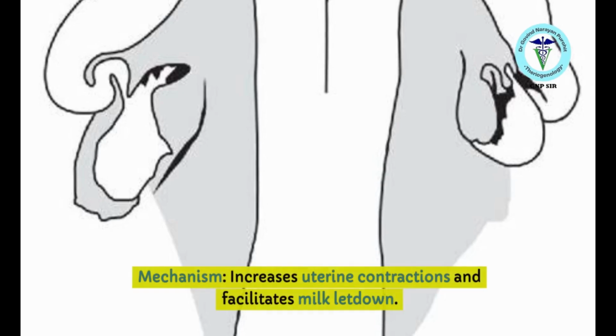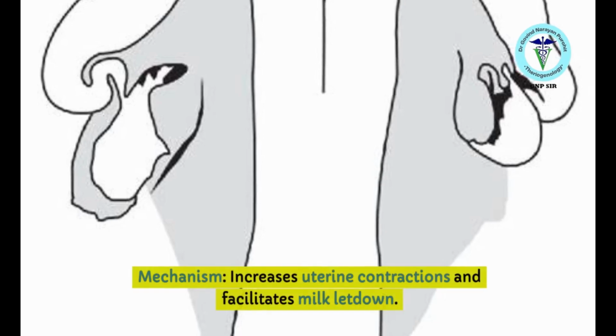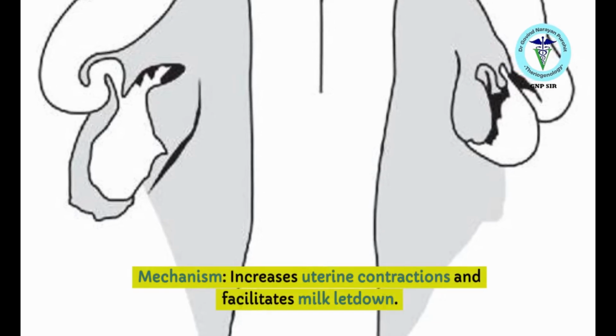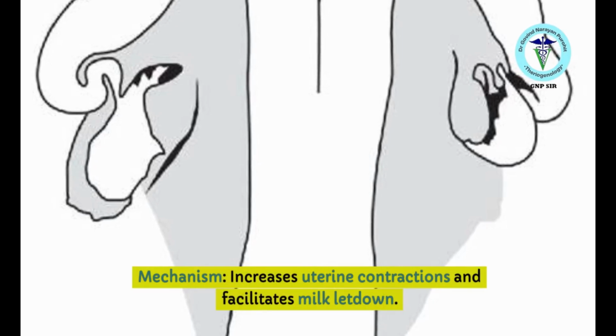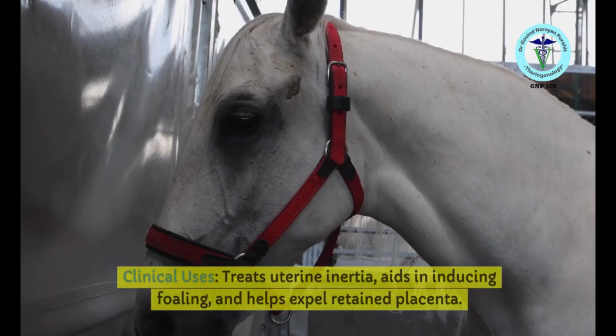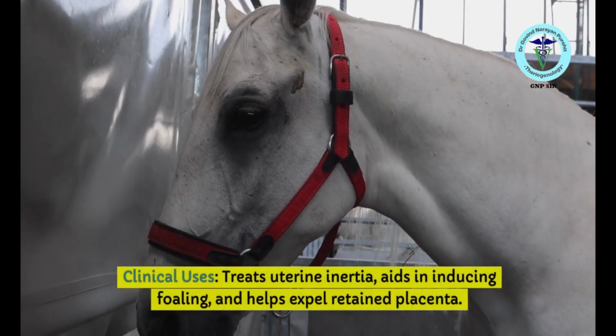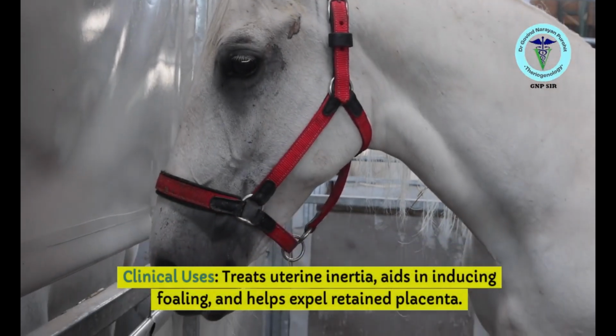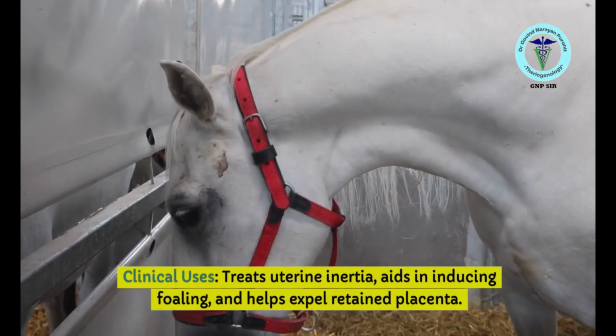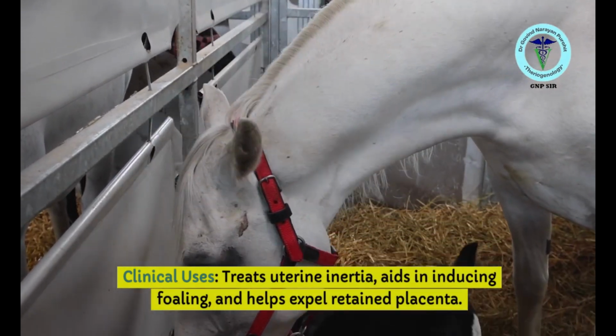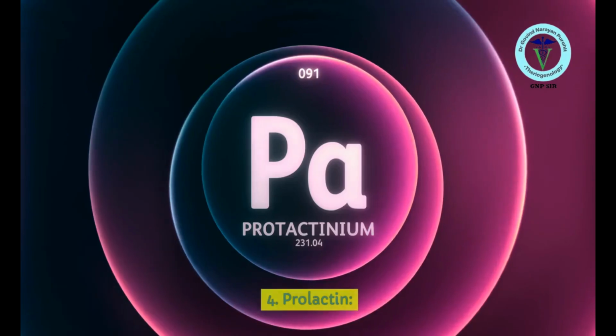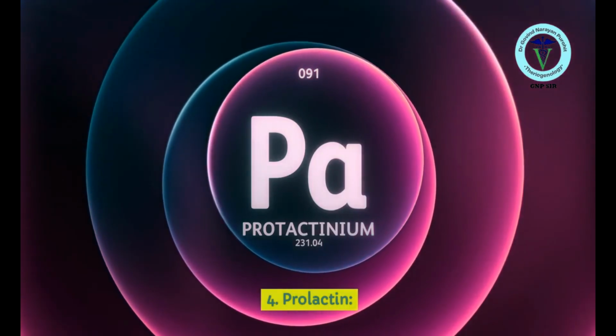Oxytocin is used because it increases uterine contractions and facilitates milk letdown. So it can be clinically used to treat uterine inertia, to aid in inducing foaling and expel the retained placenta in mares, and to treat uterine inertia in dogs.